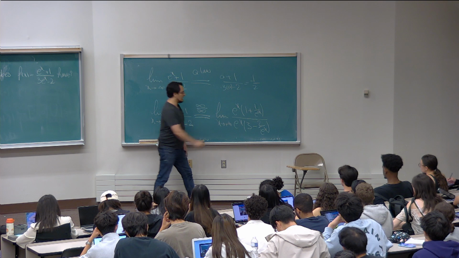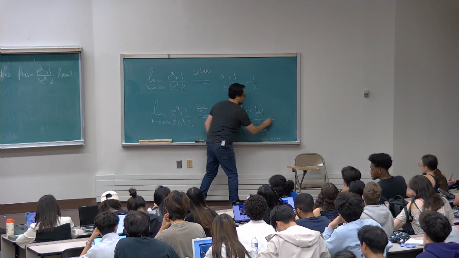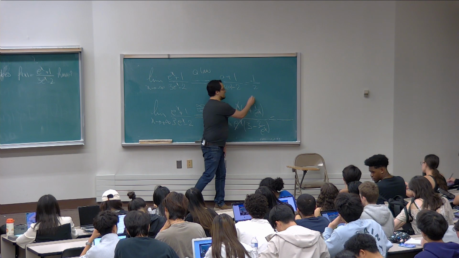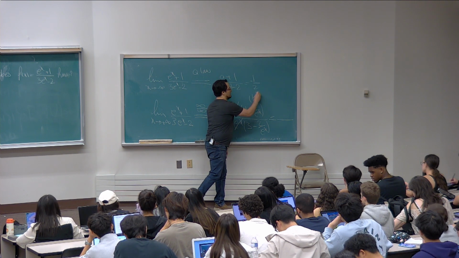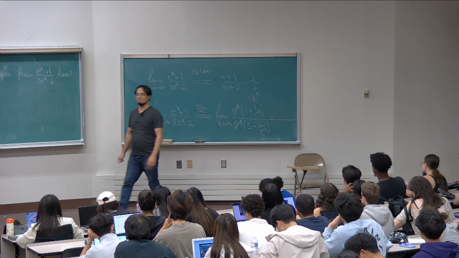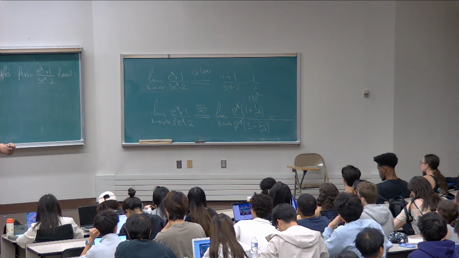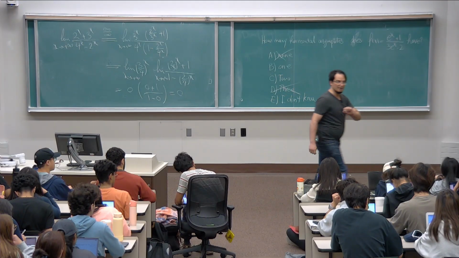I factor out, I cancel. Now, 1 over e to the power x is the same thing as 1 over e to the power x, yes? E is bigger than 1. 1 over e is going to be less than 1.